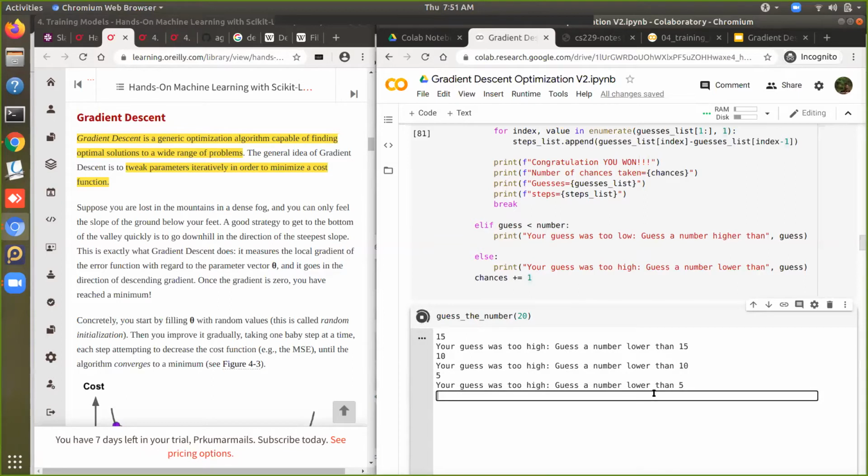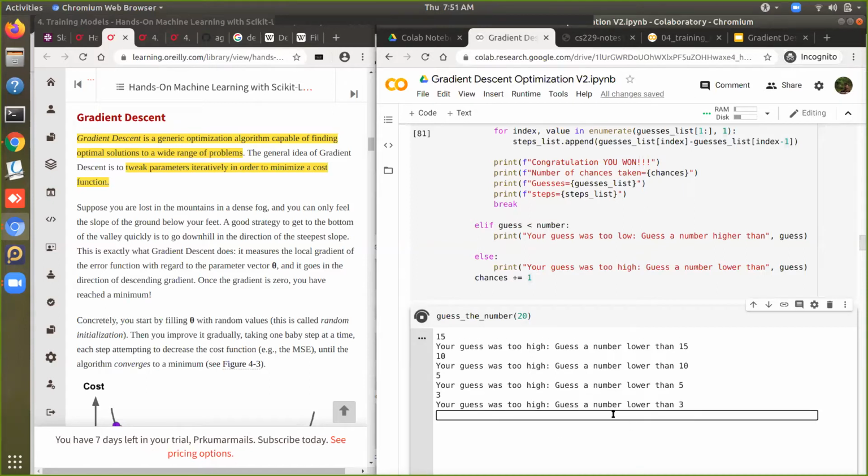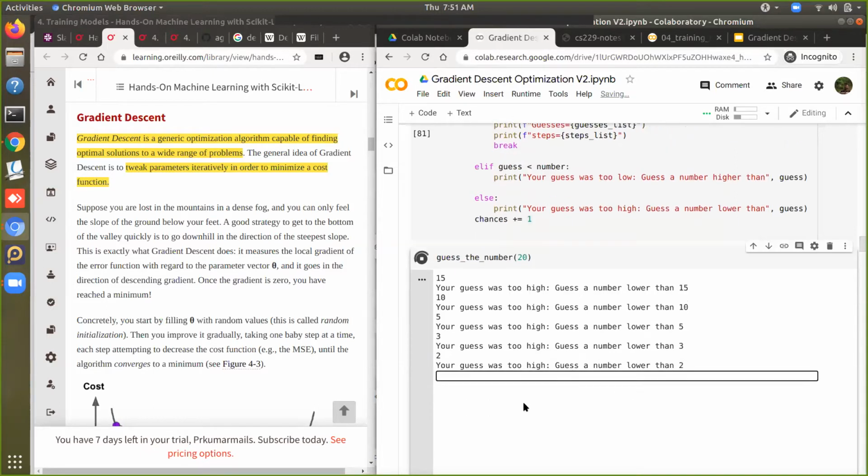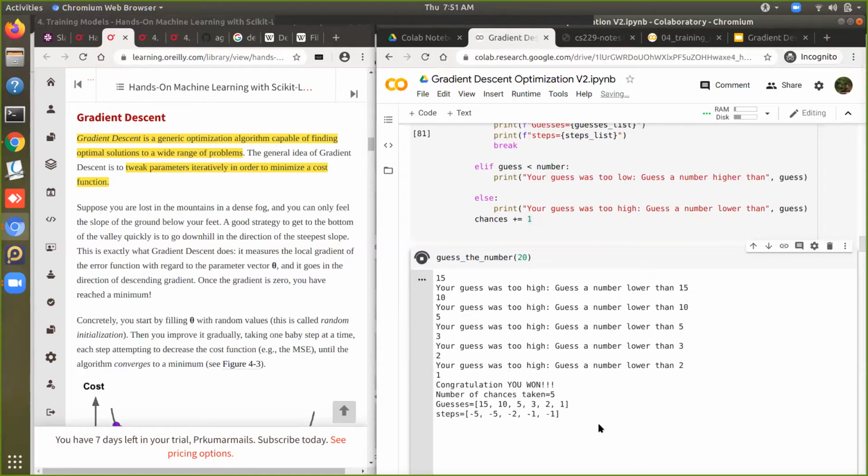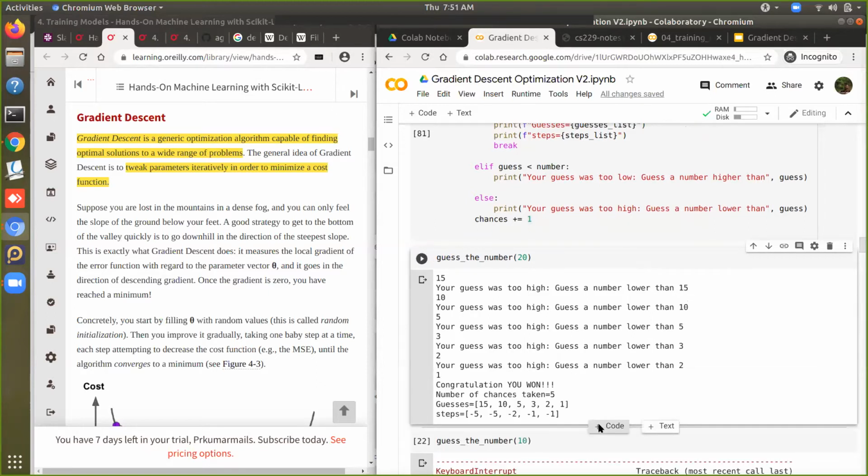It is still asking me to go lesser than 5, so I take 3. Still it is telling me, so I go to 2. And in this case, 1 is the solution.